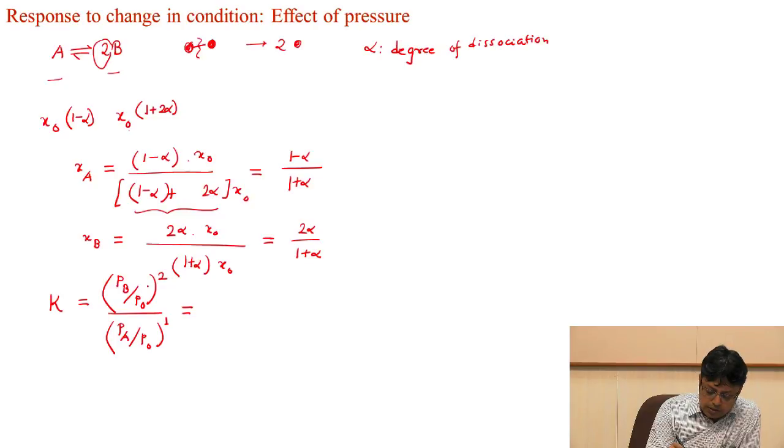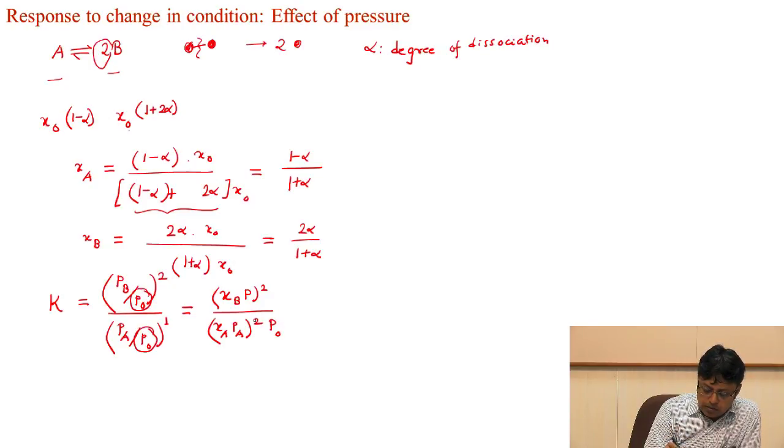So the mole fraction XB into total pressure P, that's squared, divided by XA into P, which is raised to 1 only. Now look at the P0 terms: we have 1 over P0 squared and 1 over P0, so there will be 1 extra P0.